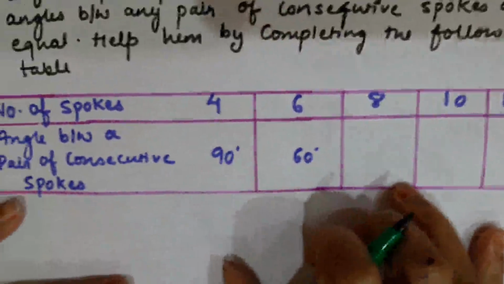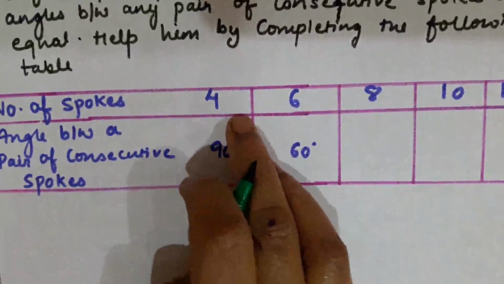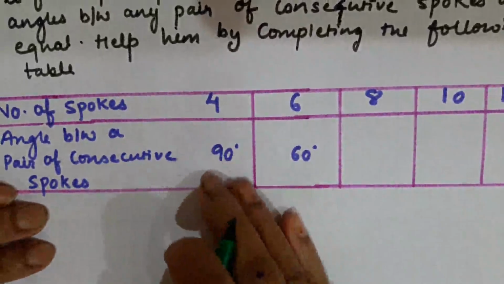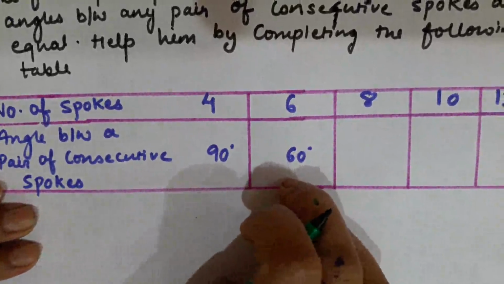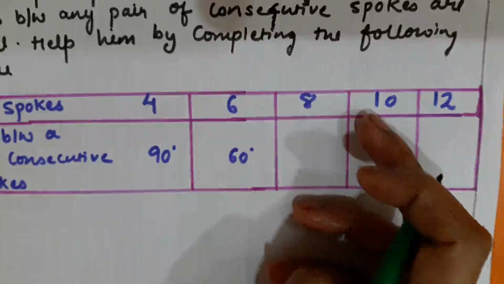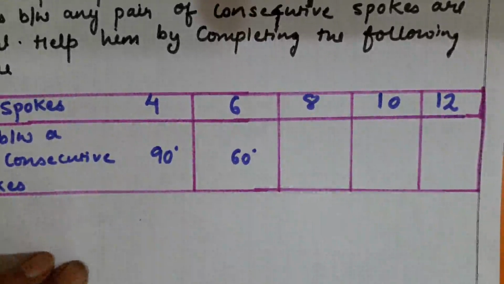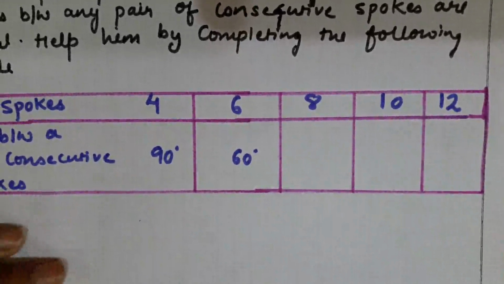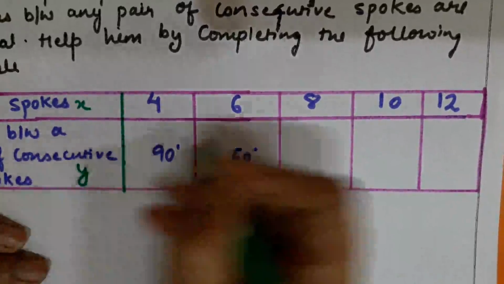Now if the number of spokes is 4, the angle between each consecutive pair is 90. If the number of spokes is 6, then the angle is 60. If the number of spokes is 8, how much angle should be there? If the number of spokes is 10, how much angle should be there? So we need to find that. Let's make the number of spokes x and the angle y.